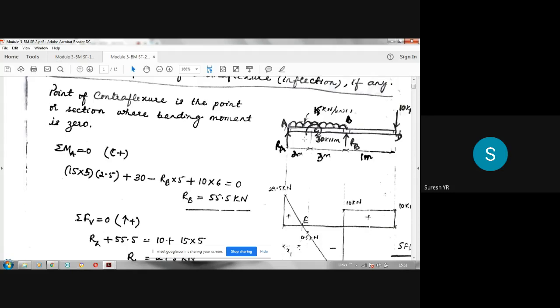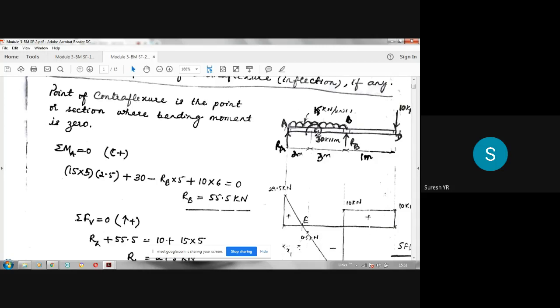If you have an upward force here, it gives a clockwise couple. For example, this RA is giving a clockwise moment about this C. You can always say that this moment can be replaced by an upward force separated by a distance. Therefore, it is positive, since it is giving a clockwise effect.